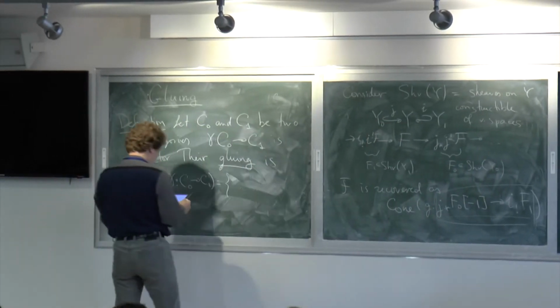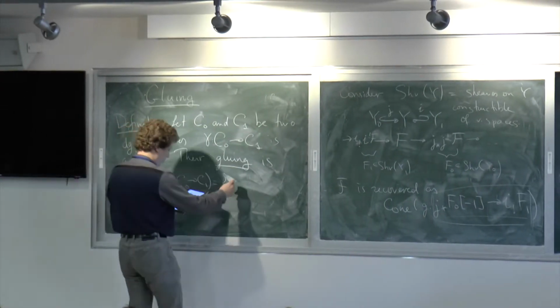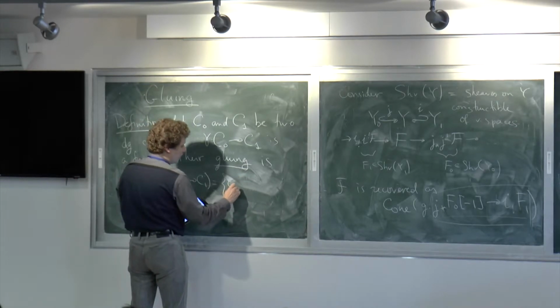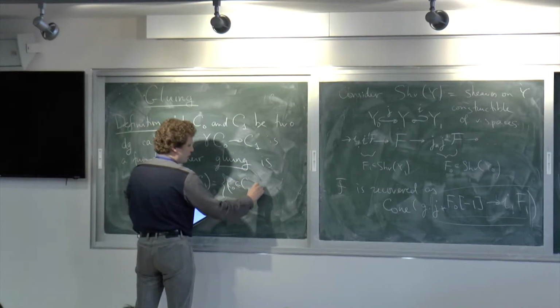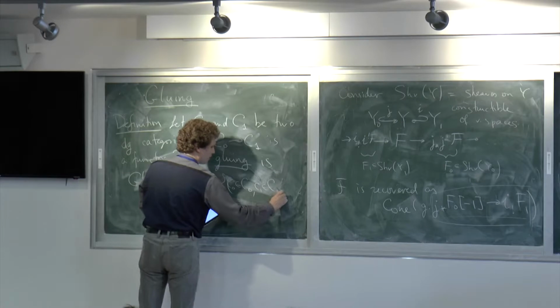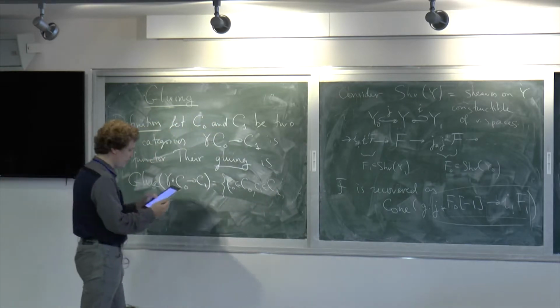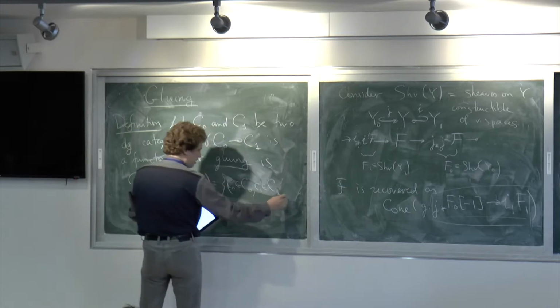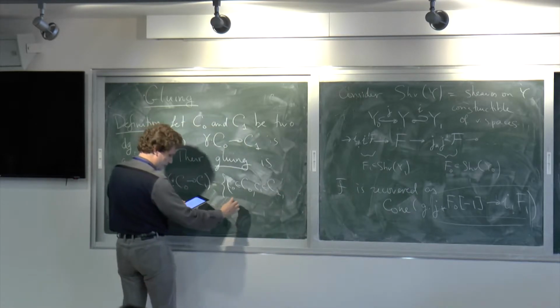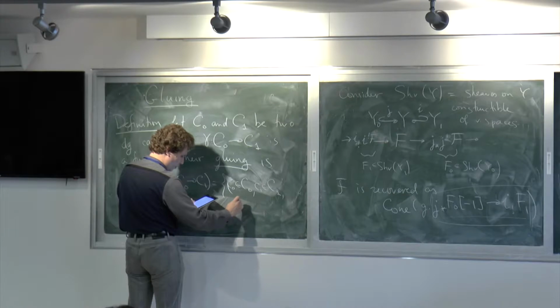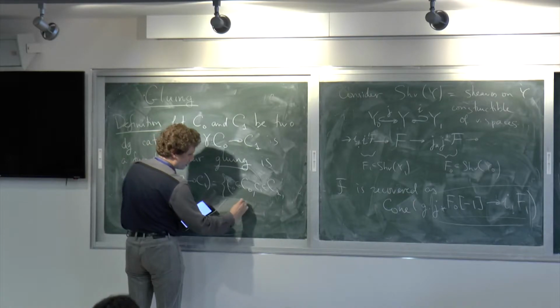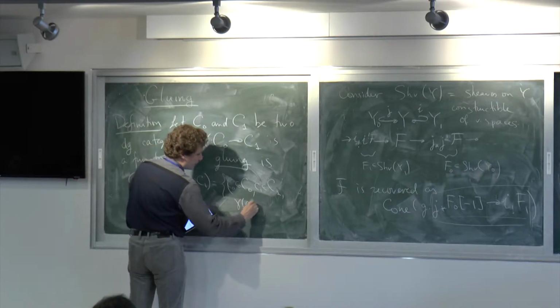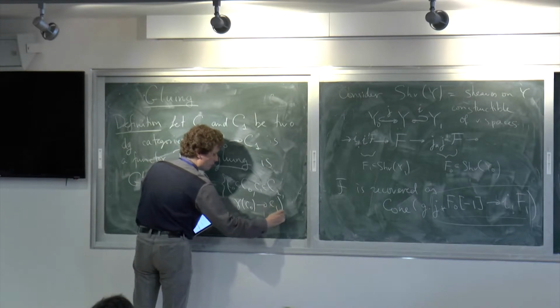So there's an object in one category. Let me call them C0 and C1. So there's an object in one, object in the other, and a map from one to the other. So I'll just write gamma C0 maps to C1.